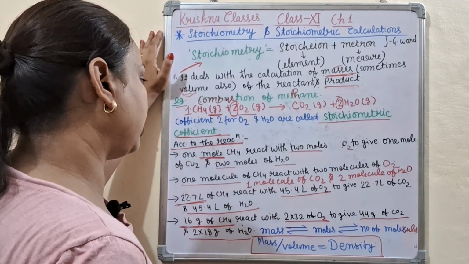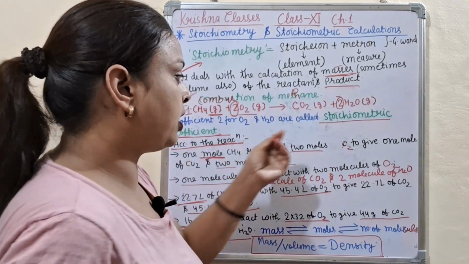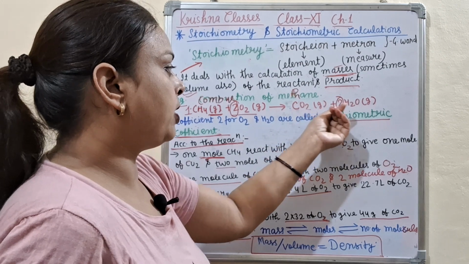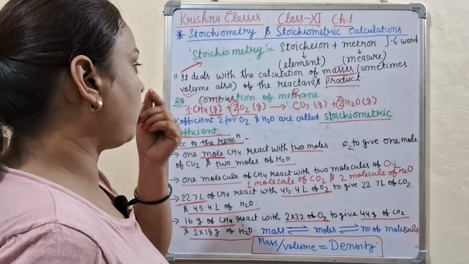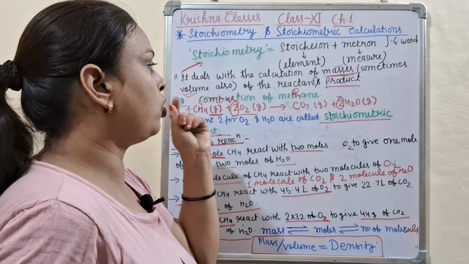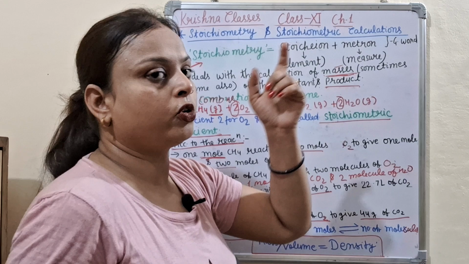According to this reaction, 1 mole of CH4 reacts with 2 moles of oxygen and gives 1 mole of carbon dioxide and 2 moles of H2O. You can also say 1 molecule of methane reacts with 2 molecules of oxygen, giving out 1 molecule of carbon dioxide and 2 molecules of water.